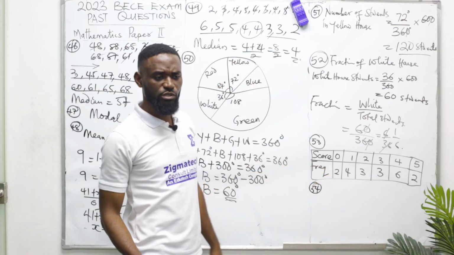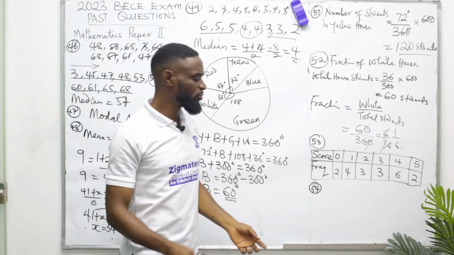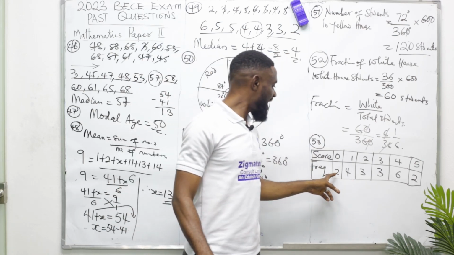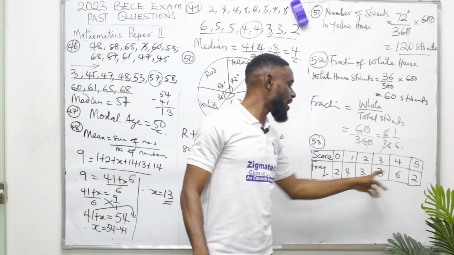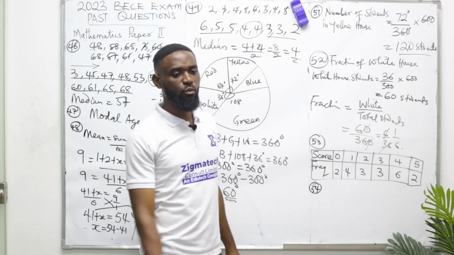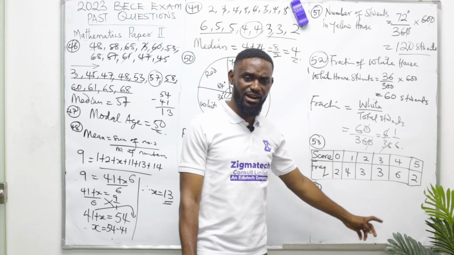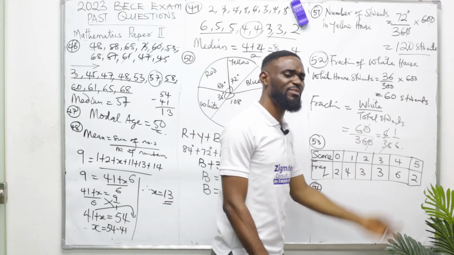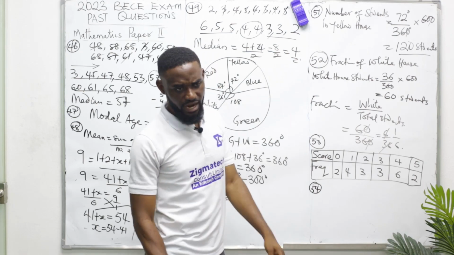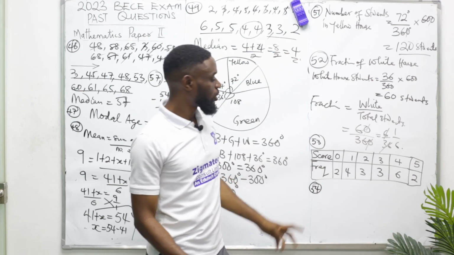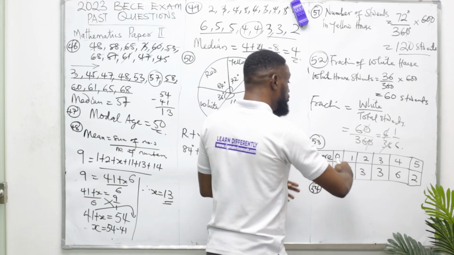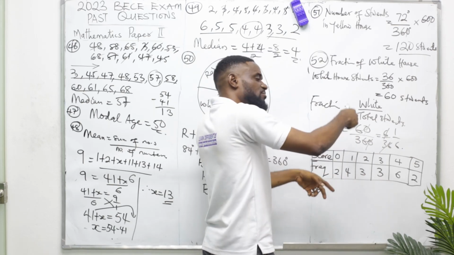What you simply need to do is in two ways. One, you can add the total number of what we have in the frequency table, and divide it by 2, you will get the median. Or as you're adding, you count the number of them, then you know which of the scores is the middle one.